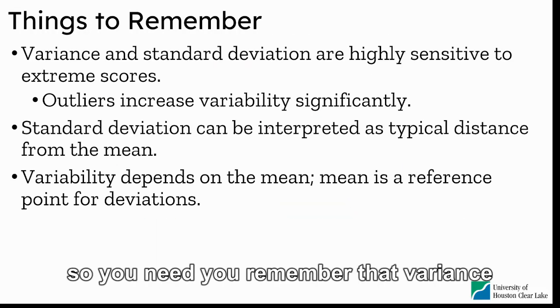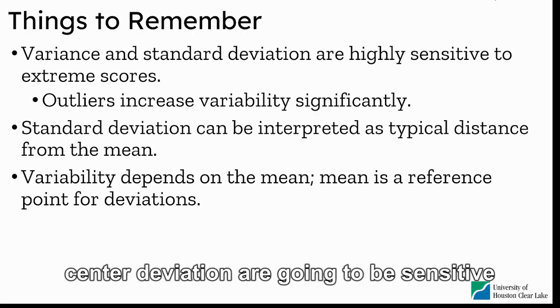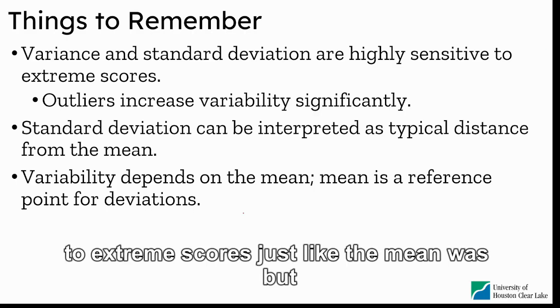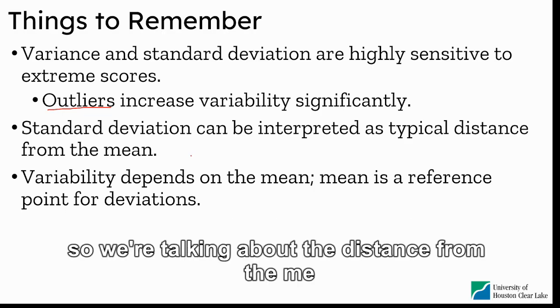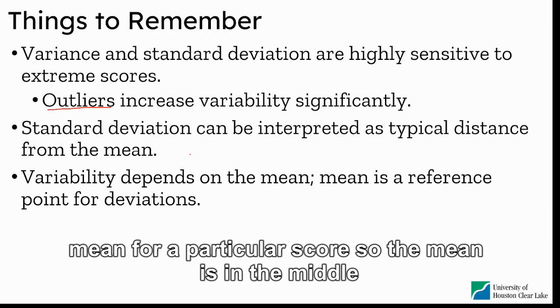You need to remember that variance and standard deviation are sensitive to extreme scores, just like the mean was. This is important because that outlier is going to increase our variability significantly. We're talking about the distance from the mean for a particular score.